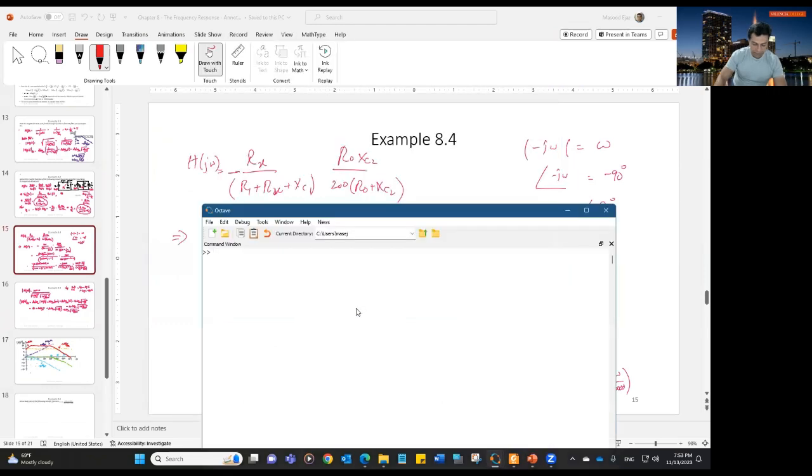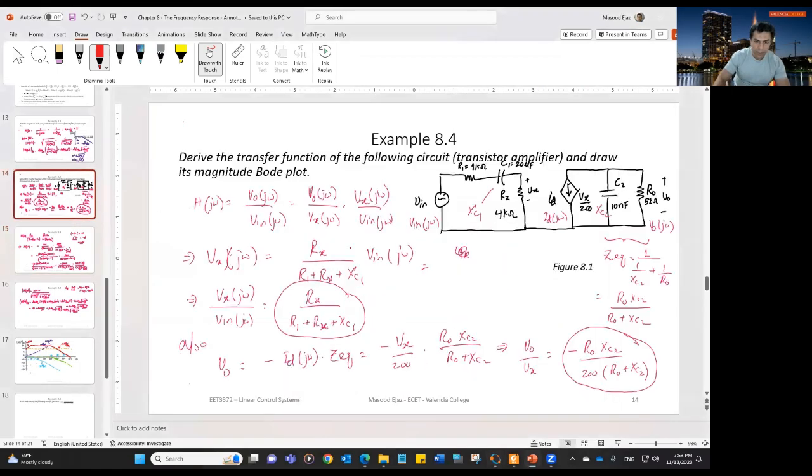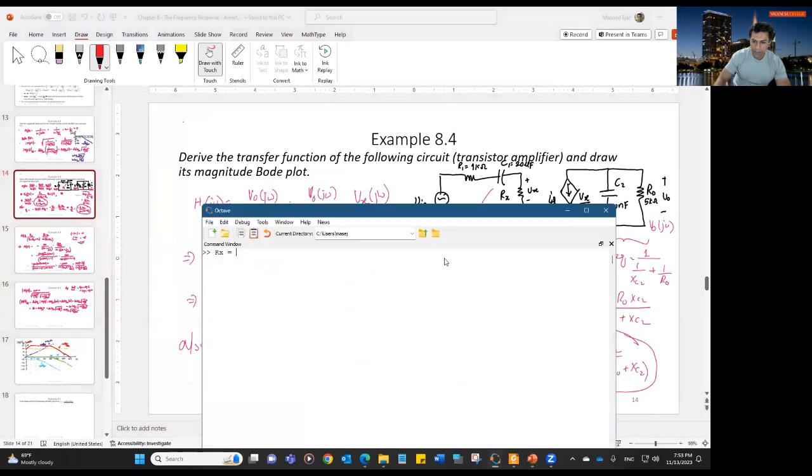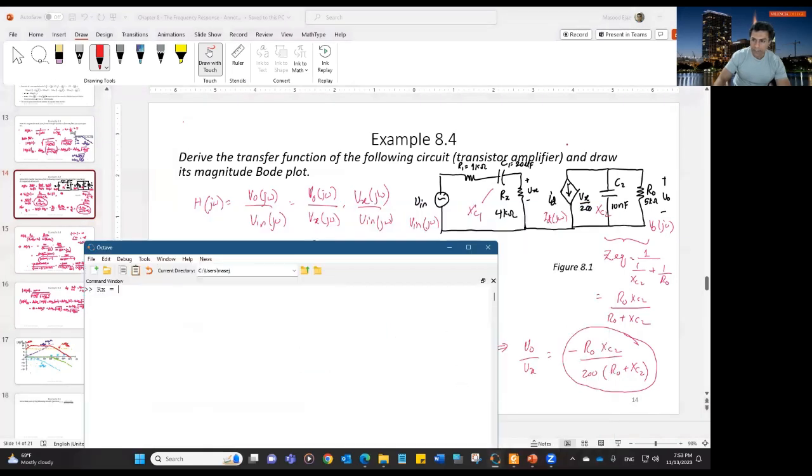So the value of Rx was 4K, R1 is 1K. So let me enter these values first so that I can plot them easily. And if you have taken circuits with me, I don't think anyone in the class has taken circuits with me, that's what I do in circuits. I don't worry about the solution part. I worry about the analysis part. For the solution, you can always do like I'm doing right now.